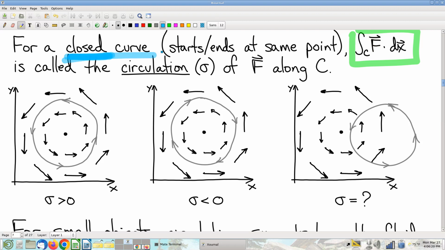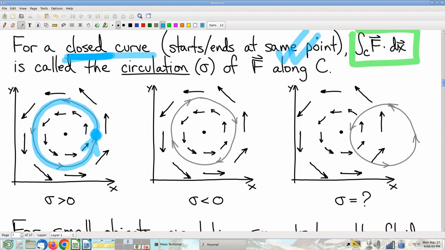So I emphasize what a closed curve is. It starts and ends at the same point. So for example, this curve over here, if I view this curve as starting there, let's say, not that it has to, but it then goes around, and then look at that, it comes back and ends at exactly the same point. So this blue curve on the left here is a closed curve.